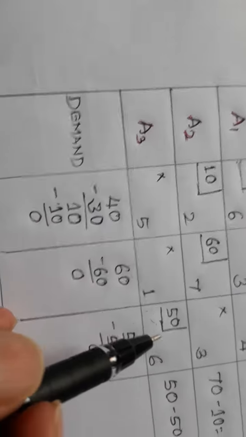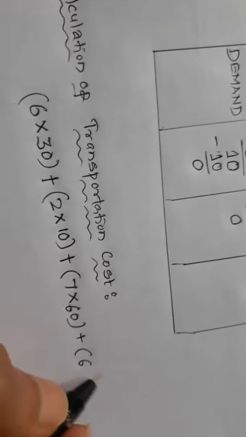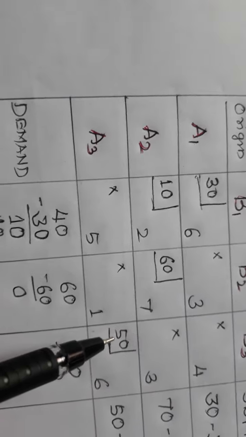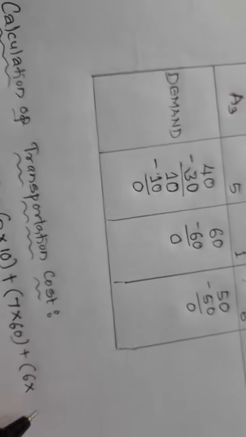Next, 6 is the matrix and allocation is 50.